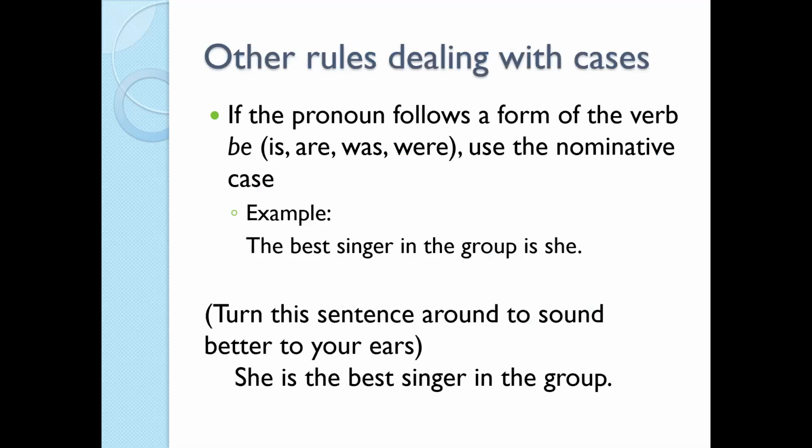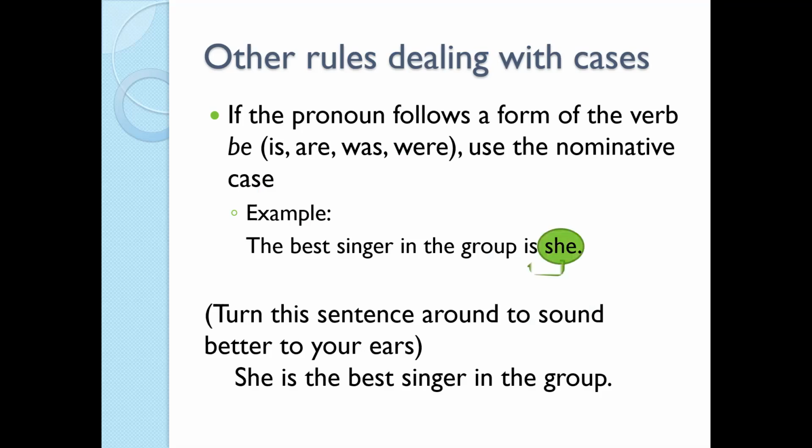Other rules dealing with pronoun cases. If the pronoun follows a be verb, which is am, is, are, was, were, be, being, been, you use the nominative case. A lot of times we want to go with what sounds right to our ears. And unfortunately, especially if you grew up in Texas, what sounds right to your ears is not always what's grammatically correct. So this sentence, the best singer in the group is she.